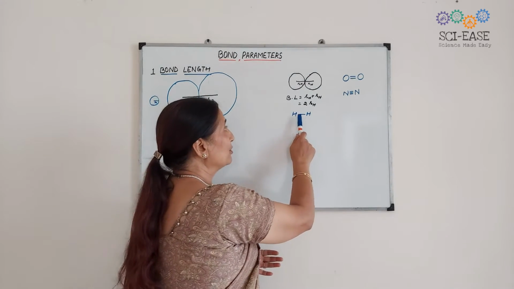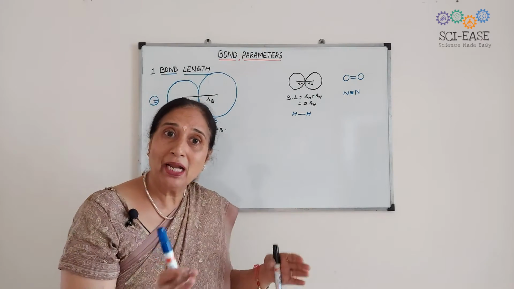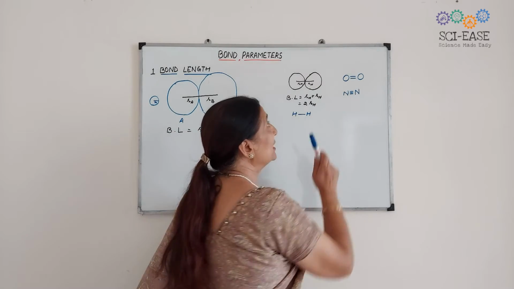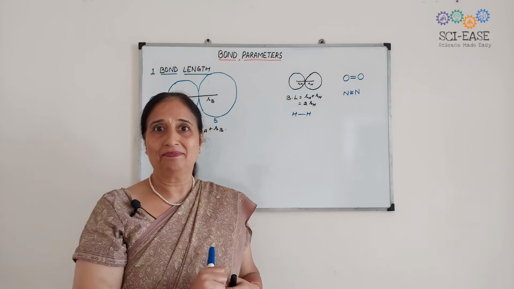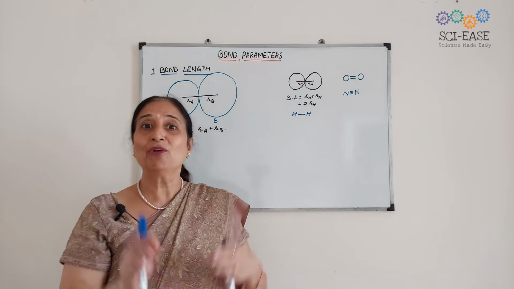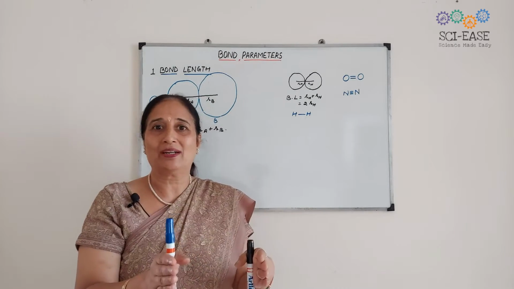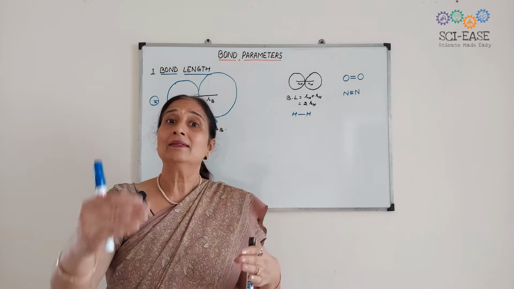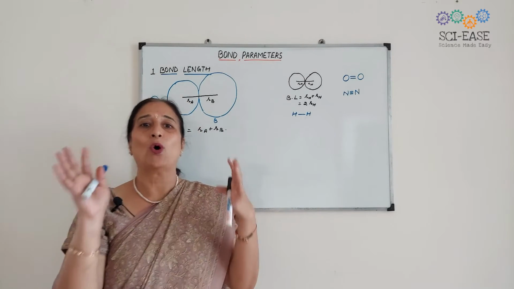In the case of hydrogen, there is only a single bond, so it will be longer. But when there are double bonds between the two oxygen atoms, the length will be shorter. And in the case of the nitrogen molecule, where there are triple bonds, the length will be shorter still. So the more the number of bonds, the lesser the bond length.